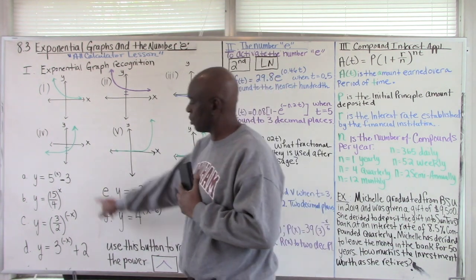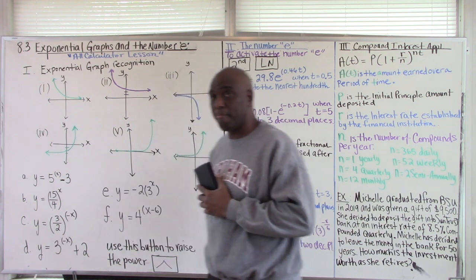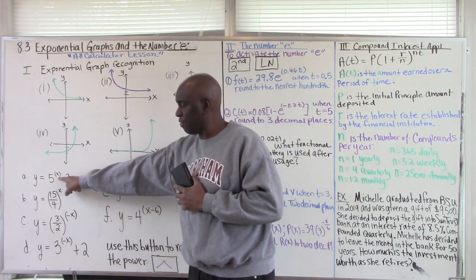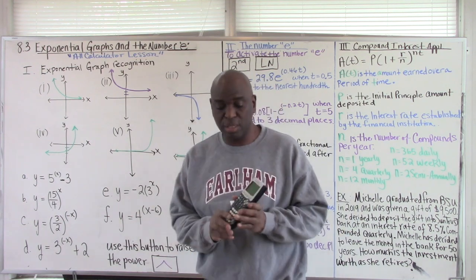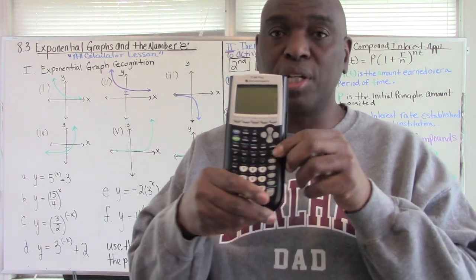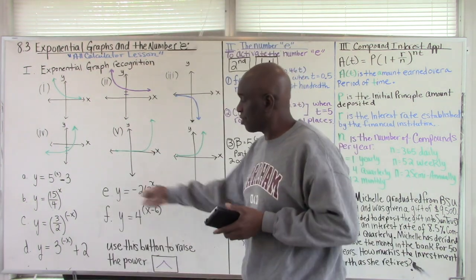So let's start with the first one, 5 to the x minus 3. To put the power of x on 5, you must use this button right here, the caret button. It's right under the clear button on the calculator. So let's graph that.